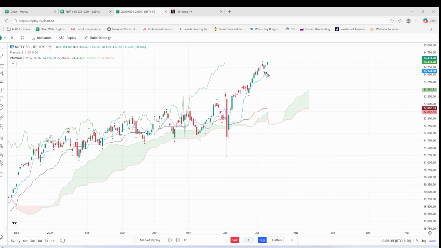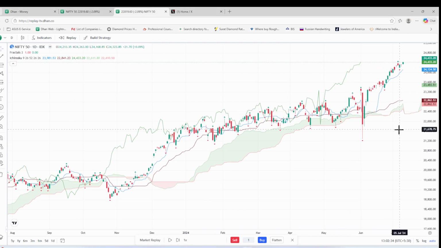Whenever the distance between the 9 and 26 increases to more than 3 standard deviation, the market enters a sideways phase. Okay, this is first. How do you understand the standard deviation? You can see over here. Whenever the distance between these two is significantly increased, it entered a sideways phase.